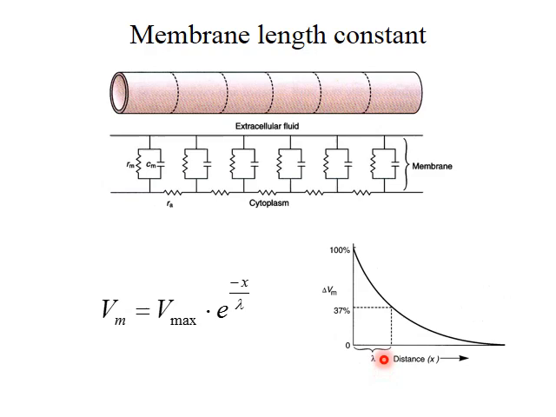And in fact, the value of lambda, the length constant, tells us how far down the dendrite you have to be before the voltage drops to 1 over e, or 37%. So lambda tells us how quickly the voltage decays as a function of distance.